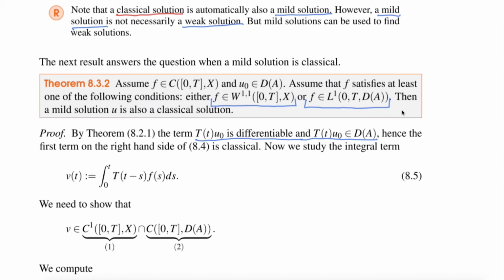So what we really need to worry about is then the second term, the integral term, which I write down again here as v. So v of t is the integral from 0 to t of the semigroup times f of s ds. And we want to show the two things. Here it is again. v is in C1 with values in X. This I call 1. It's also C0 with values in D(A), which I call 2.